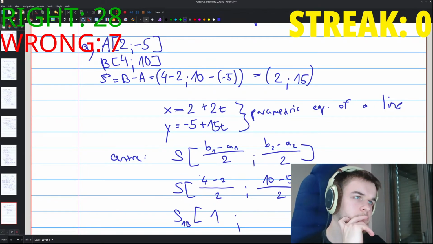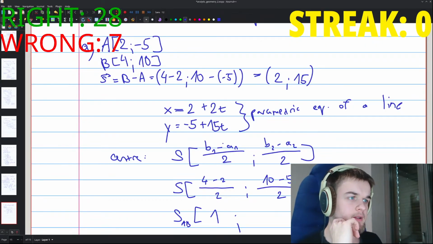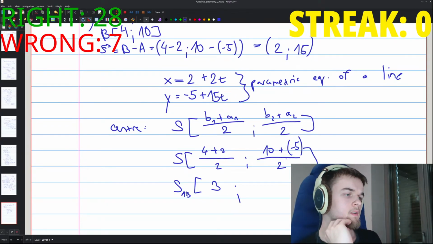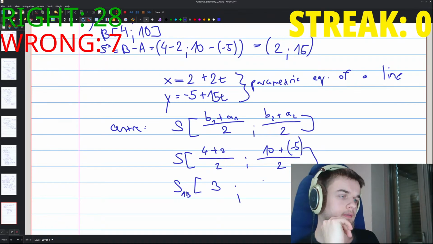How do I get 3 from this though? Minus 2 is 2. Is it plus perhaps? Could be actually plus. That would make a lot of sense. Yeah, it's okay. Like this. So we get 3. Okay. Almost. And we get 5 halves, which is of course 2.5.